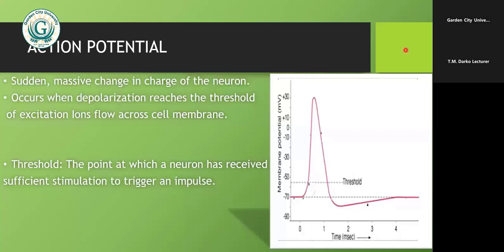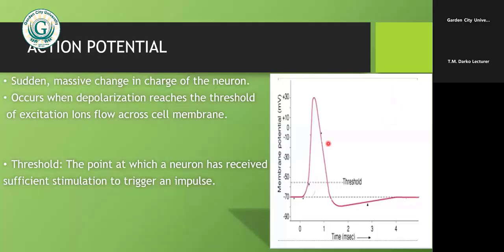Right? Good. Please, can you see the graph? Yes. All right. So this is just a quick revision.